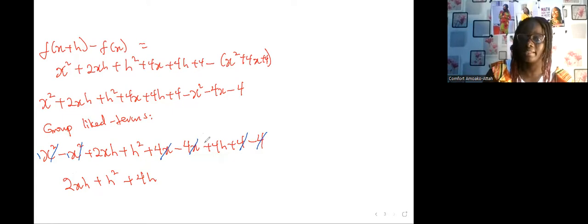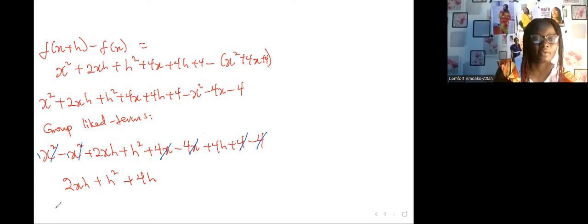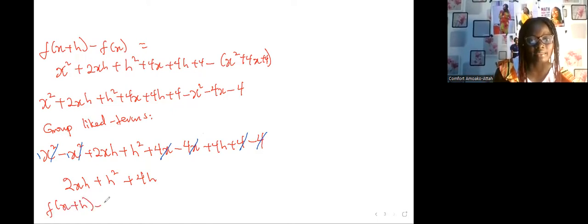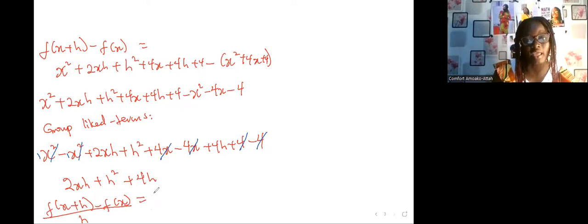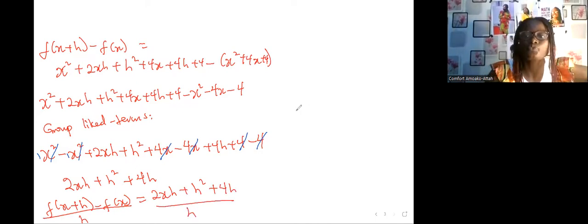Coming to the third step, the third step was f of x plus h minus f of x over h. So it means that we are dividing everything here by h. So 2xh plus h squared plus 4h over what? h. Good.